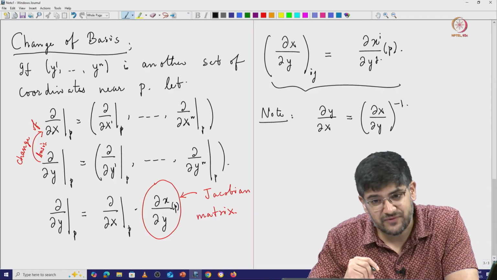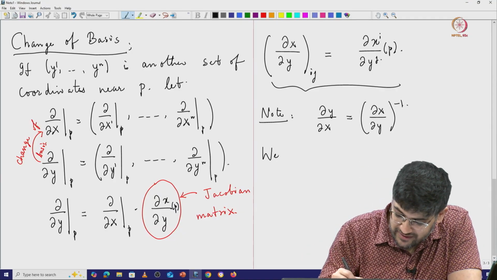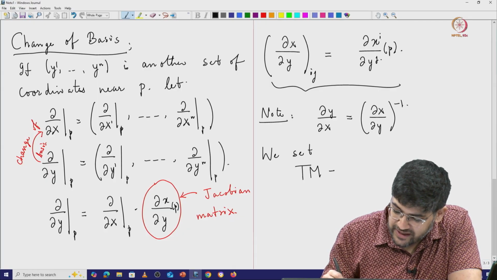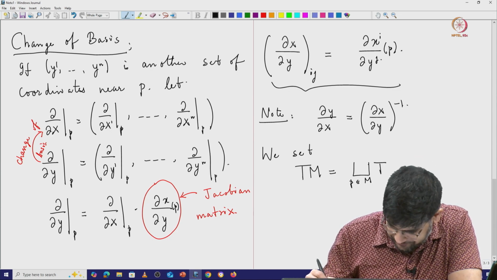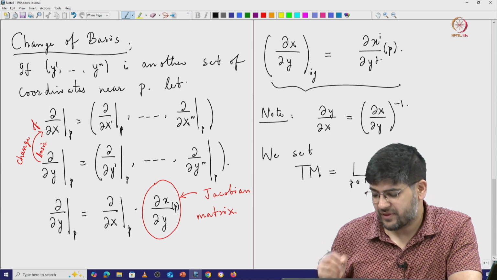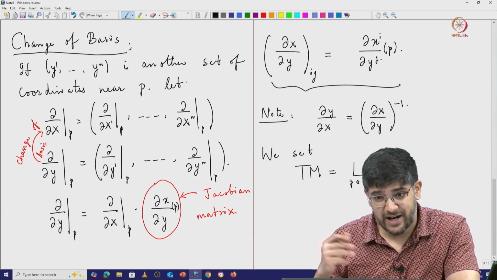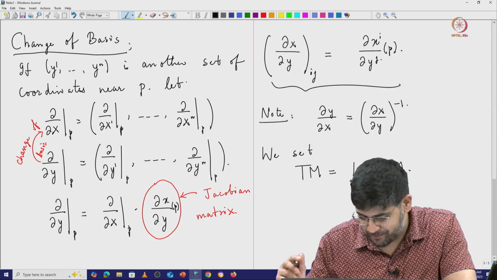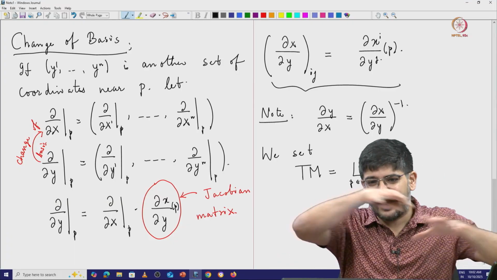All right, so this is as far as the change of basis goes. So now we set TM to be the disjoint union of the tangent spaces over all points in M. Essentially you have your manifold.